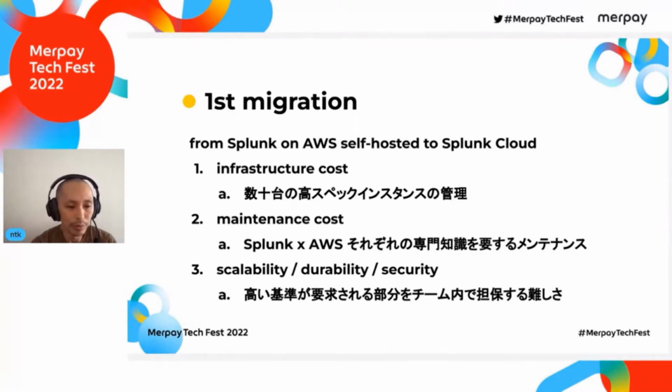Both of these services require a certain amount of expertise, and it is necessary to keep the engineers who can deal with them. Also, there is the difficulty of maintaining high standards for scalability and security, which are required in financial services. So it was difficult to keep the high standard only by ourselves.